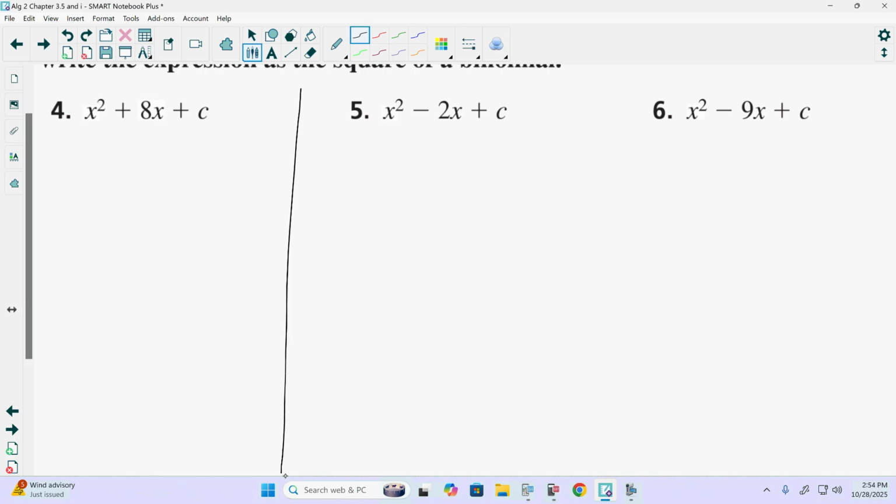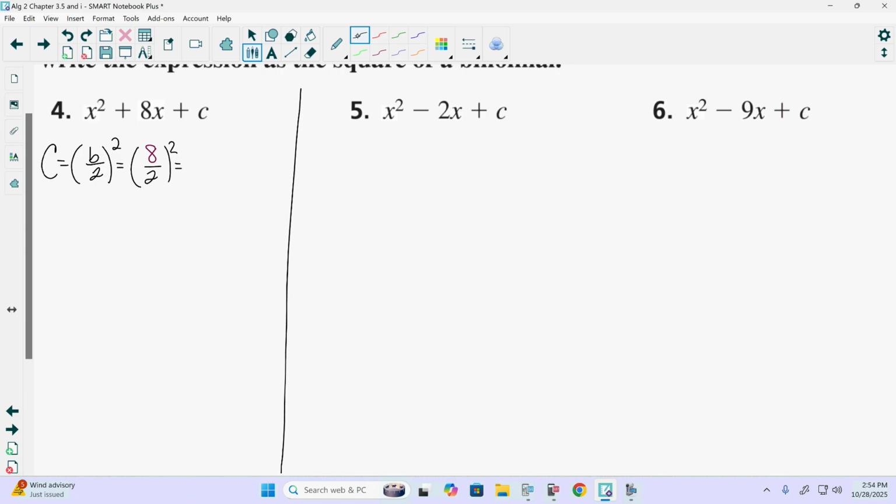We ready for number 4? Yes. So x squared plus 8x plus c. To find this value, c is equal to b over 2 squared. And for us here, the value of b is 8, and it would be positive 8, yes? Questions on how we got this set up so far?